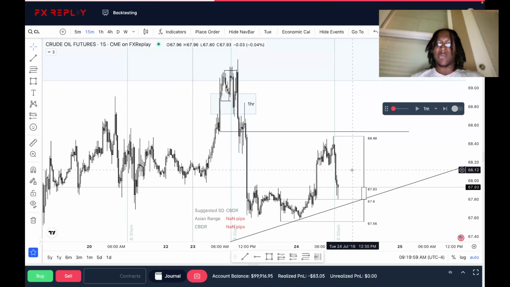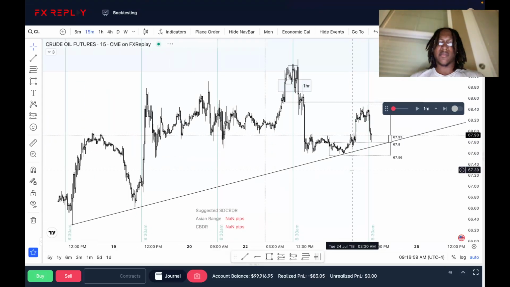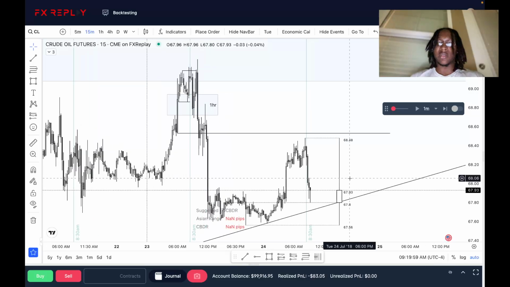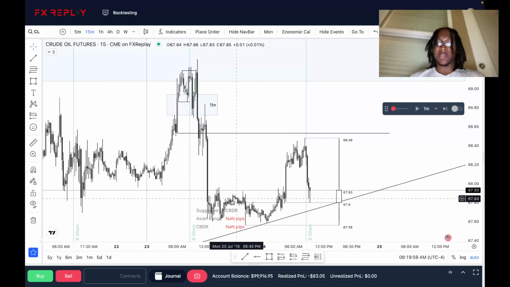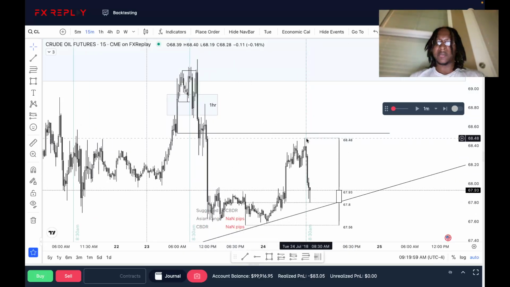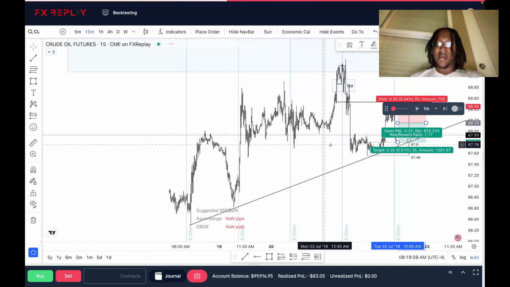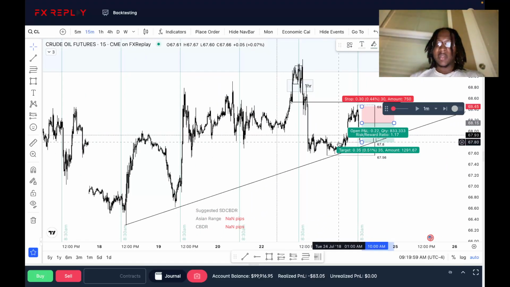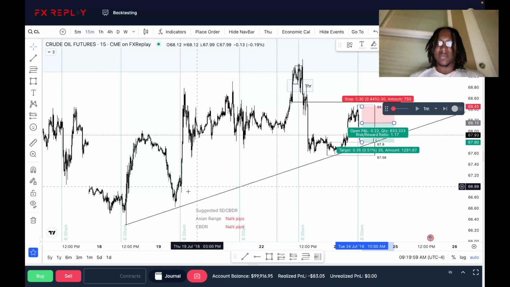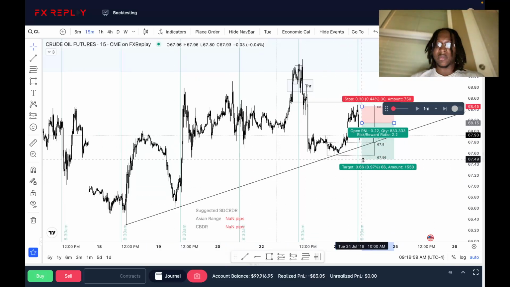I don't see why we would push higher. I want to see lower prices, especially with us being above the daily open. I want to see this go down to the low. And this is my 1, 2, 3 day low over here, but we're gonna focus on that one.